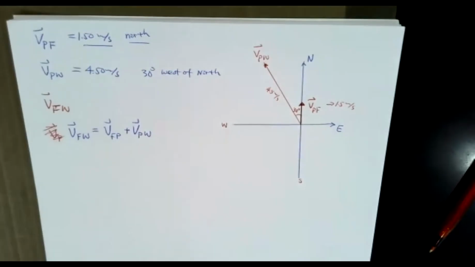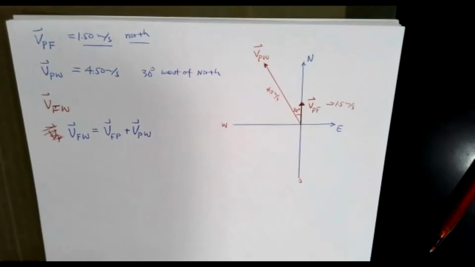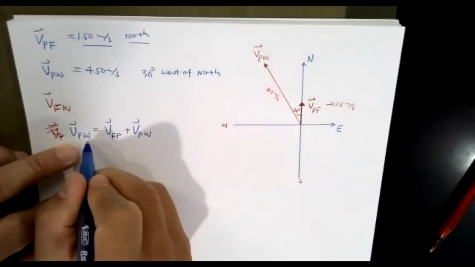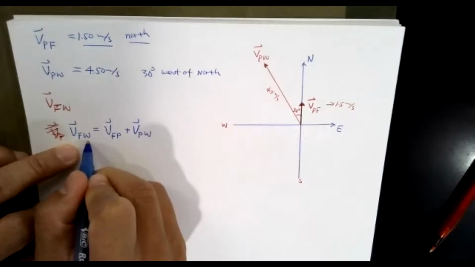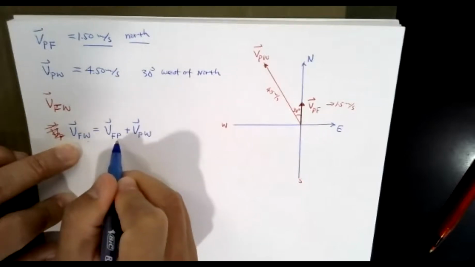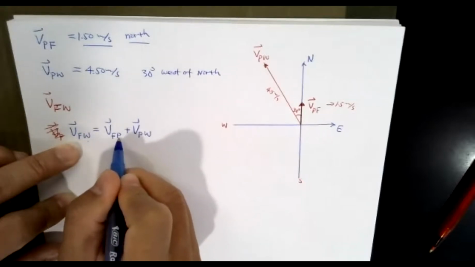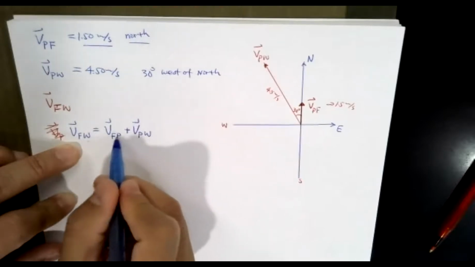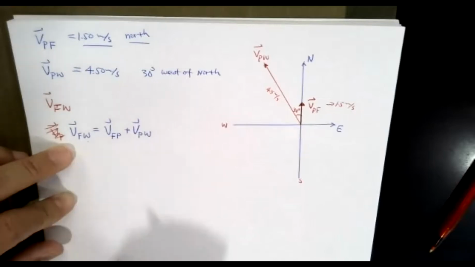This is how you want to do it. If there are three objects in the problem, then one with respect to another, you put a third one in between. So V of F P plus V of P W. That way the P and P cancel out and give you this.